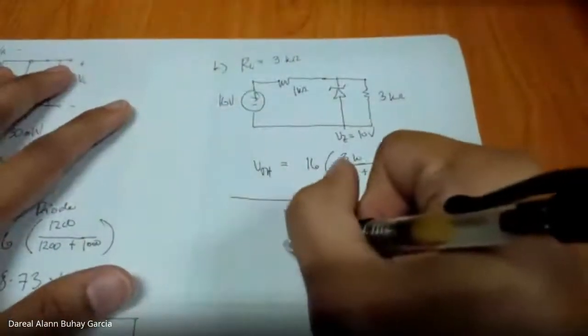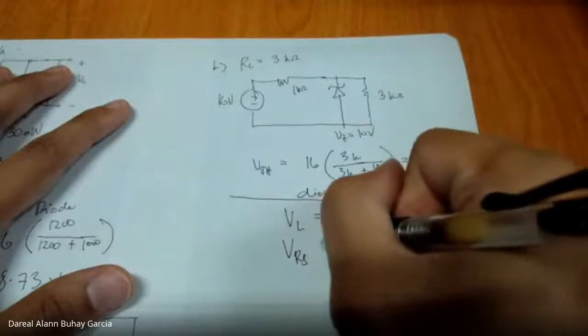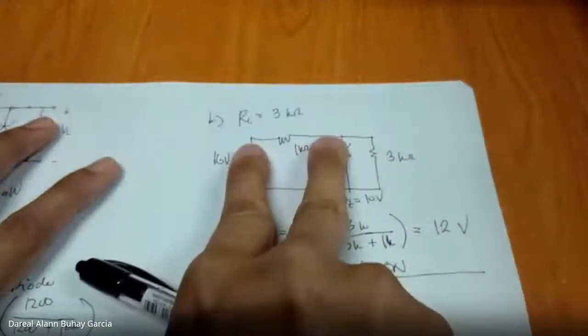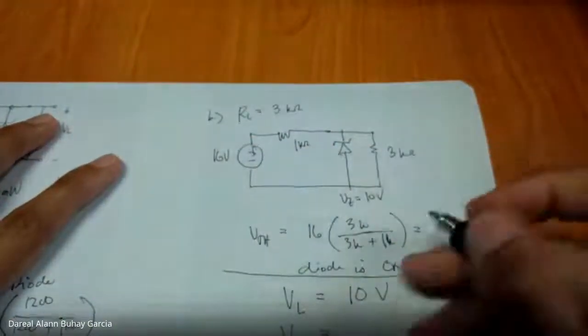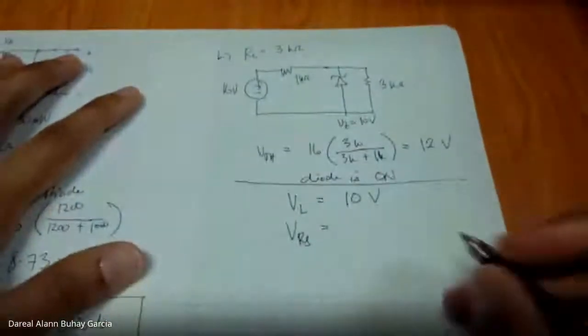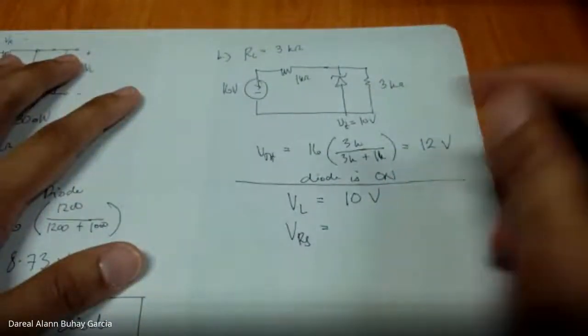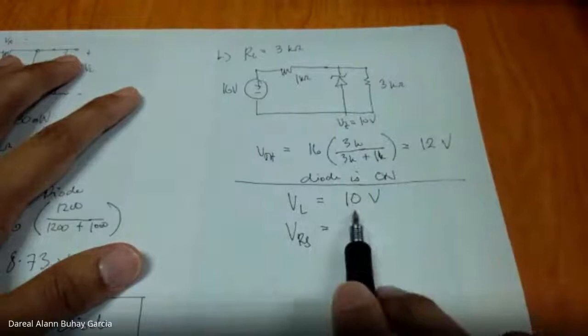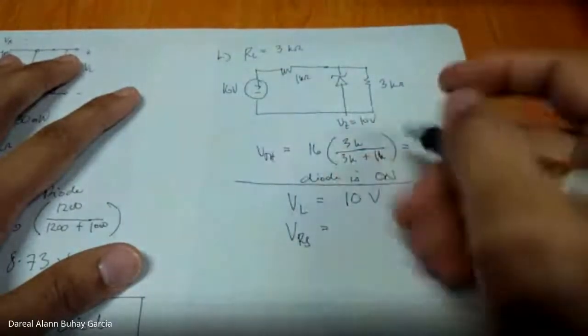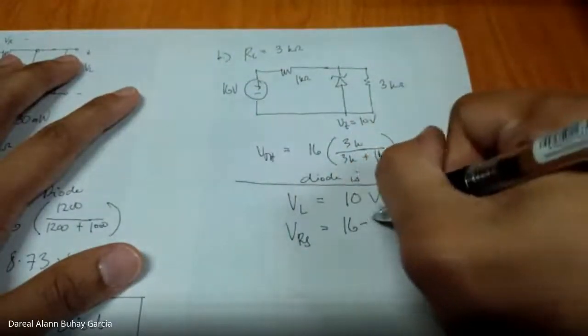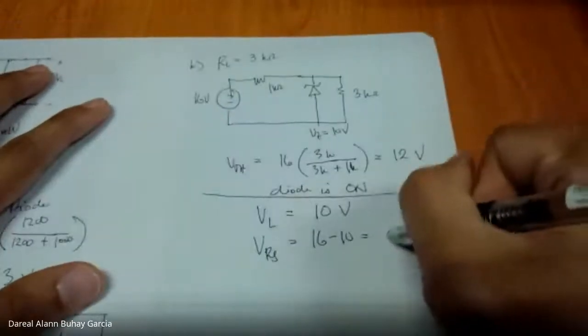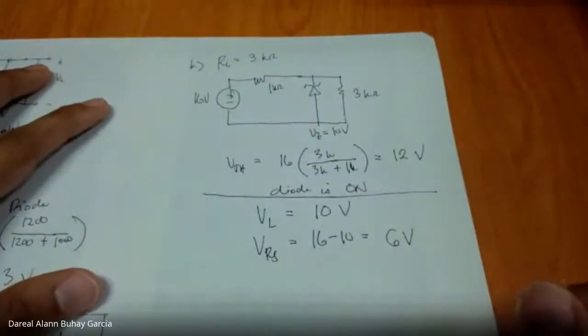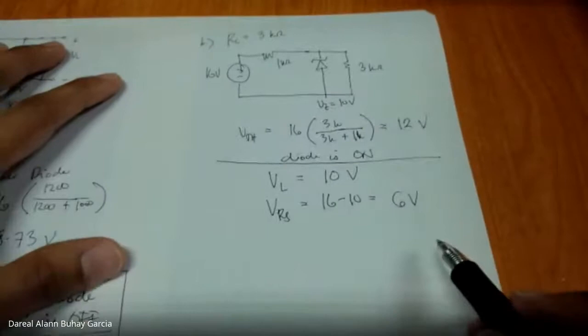That makes our VRS, the voltage across this one, or VR1, be across the 1K, be equal to 10 minus 16, 6 volts. Or I mean 16 minus 10 then. So, 6 volts. Automatic na.